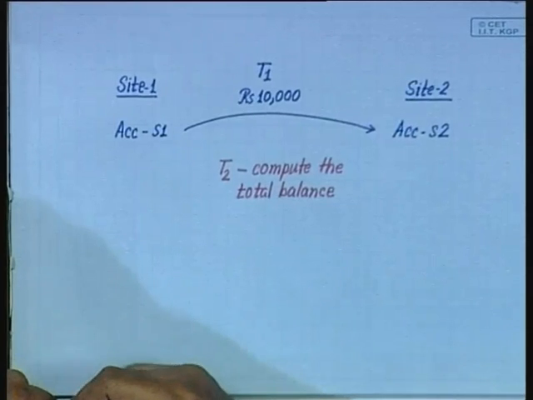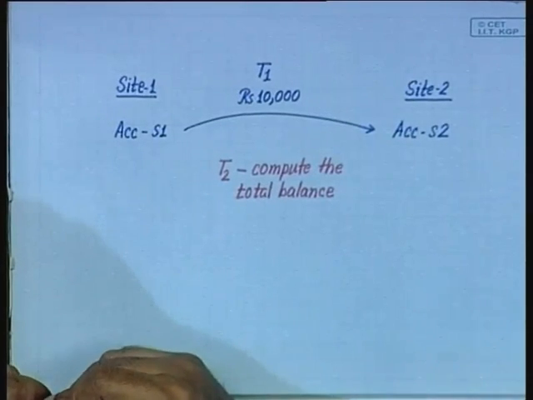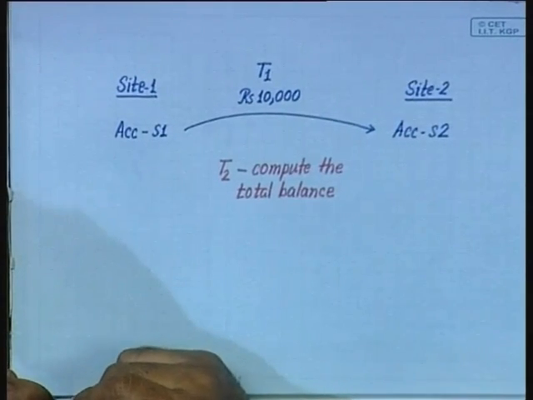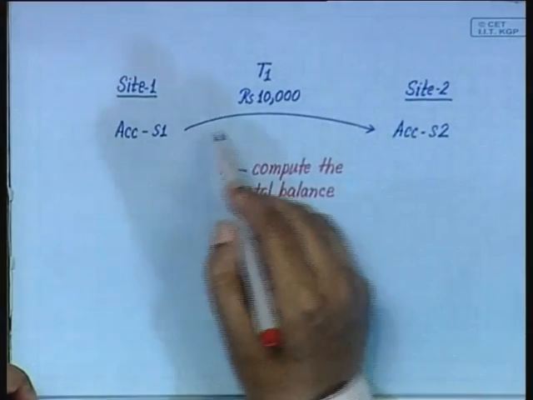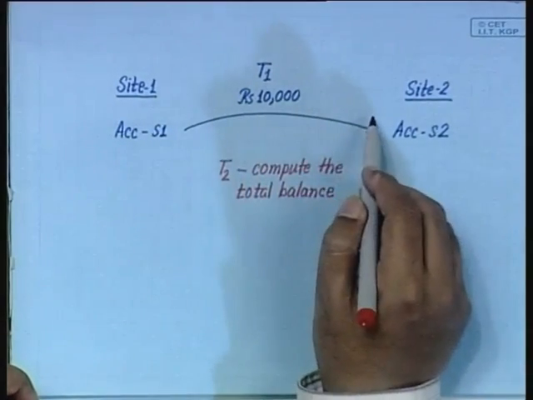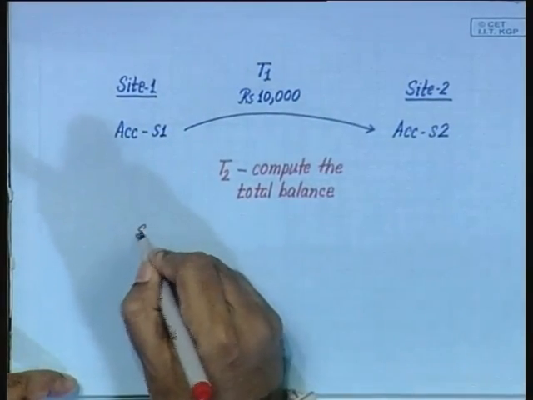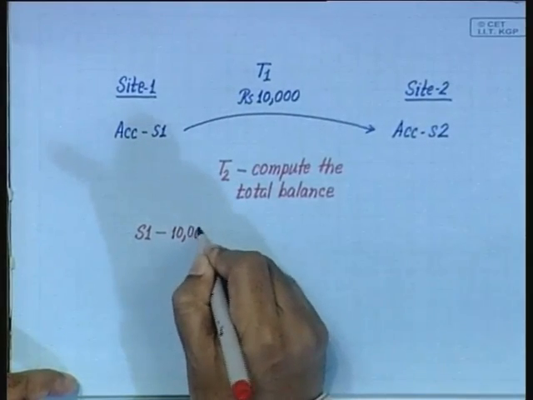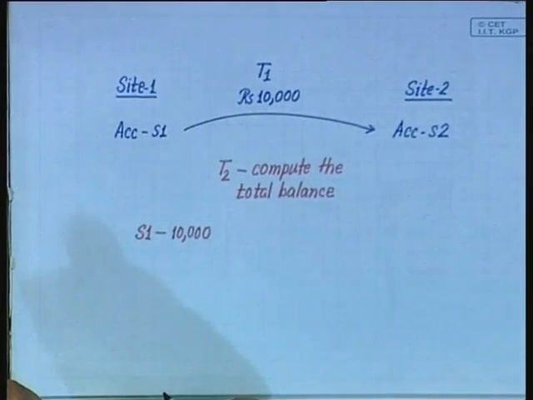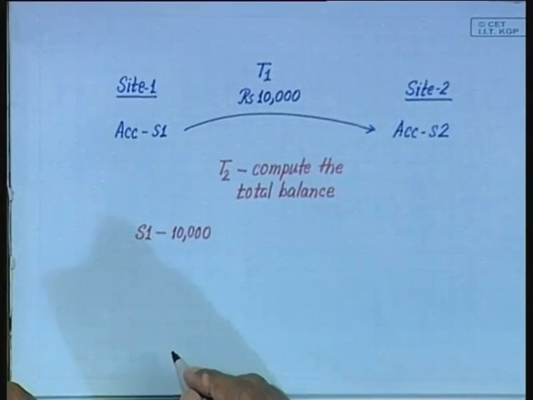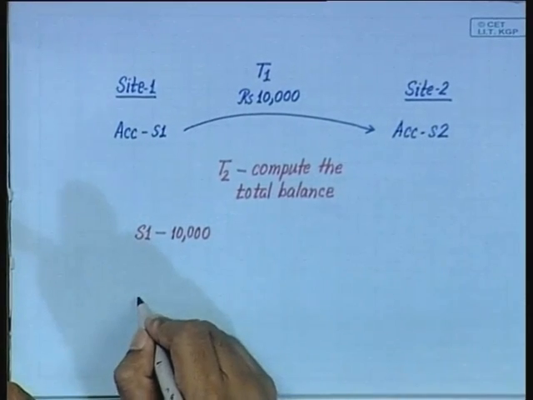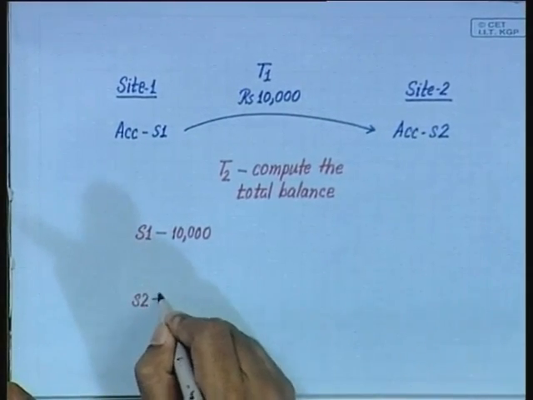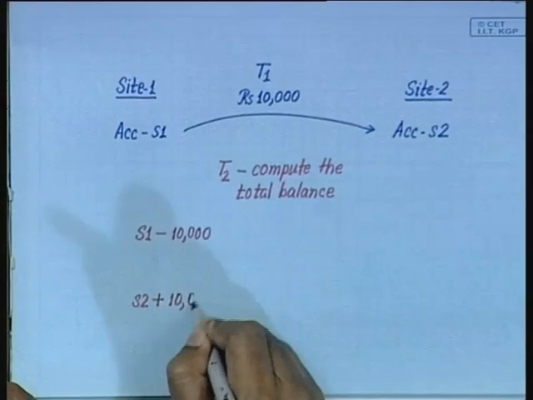Now suppose that it happens in this way, that to perform this transaction we do S1 minus 10,000, okay, and then sometime later we will do S2 plus 10,000.